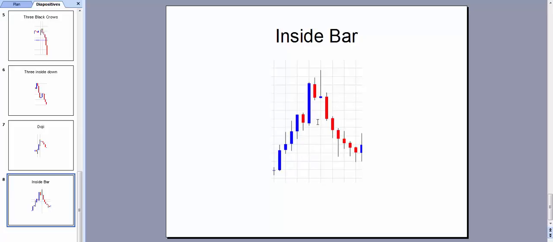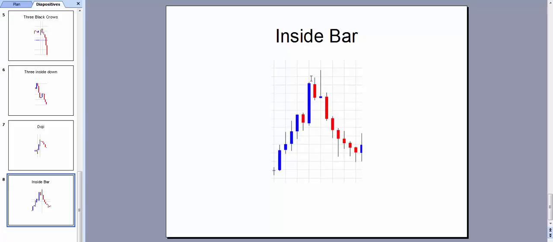We have a blue candle at the end of an uptrend, and the bearish candle comes to open just below the close of this blue candle and closes above the open of the blue candle. This has the shape of a pregnant woman. In fact, I just gave it that name, and it's also known as this in the forex trading field.